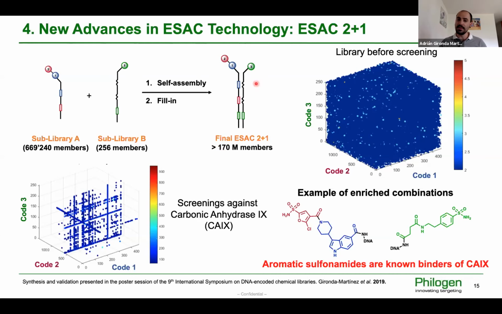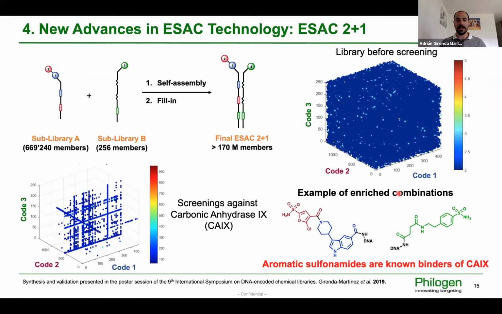So before proceeding with any screening campaign against targets of interest, we always perform a high-throughput DNA sequencing of what we call our naive library. This is performed in order to check the homogeneous distribution of every single molecule in the final library pool.